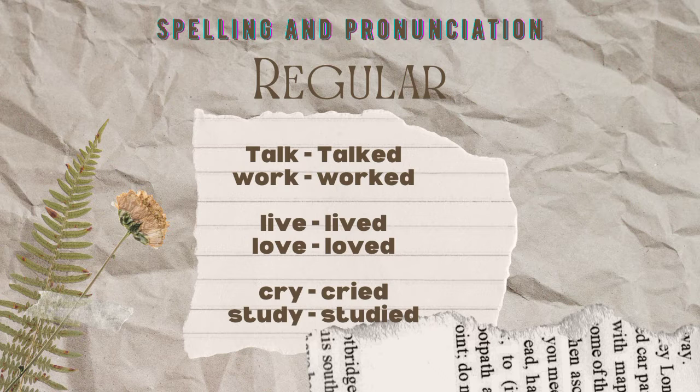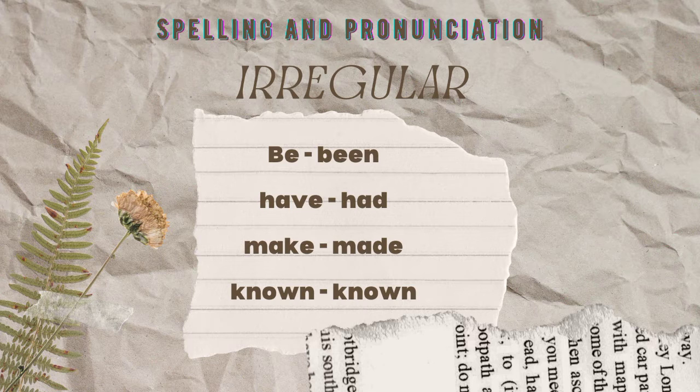For example, talk becomes talked, work becomes worked, live becomes lived, love becomes loved, and so on. And irregular ones might change completely. For example, be becomes been, have becomes had, make becomes made, know becomes known.